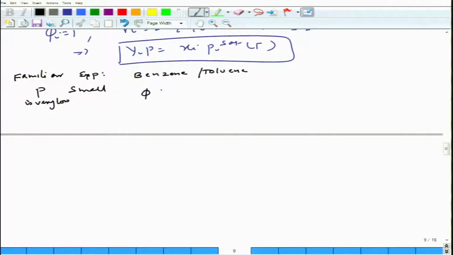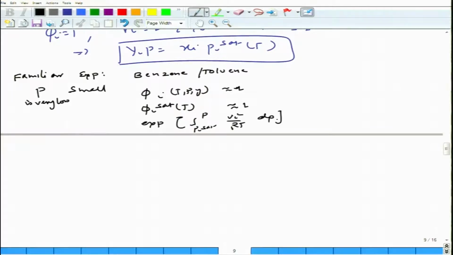So, phi i(T,P,y) for vapor as well as phi i sat(T), both we can approximate to be 1. Since it is a low pressure, the exponential of the integral from Pi sat to P, this also we can approximate.